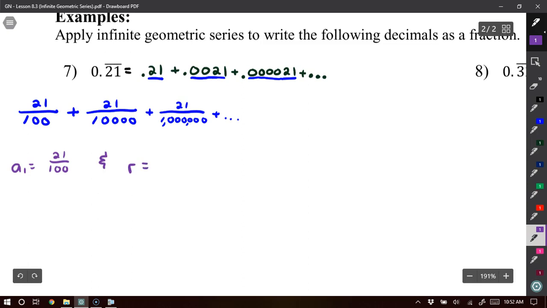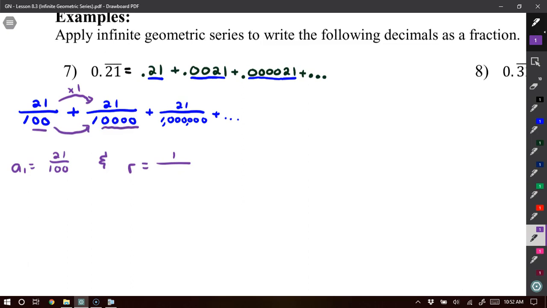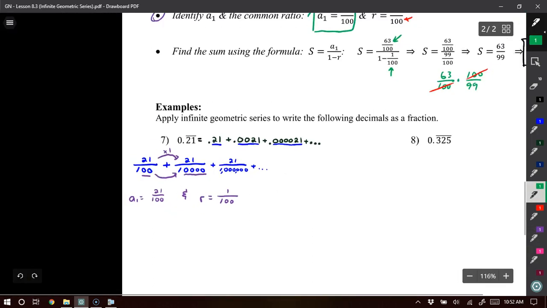I'm not going to do A2 divided by A1 because there's just so many zeros. Notice the top stays the same. So we are multiplying by a 1 on the top. On the bottom, notice we have 2 zeros, and we increase to 4 zeros. So I'm really multiplying by 100 on the bottom. There's your A1, and there is your R.